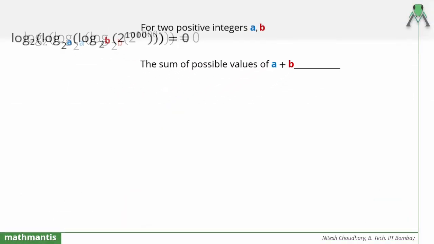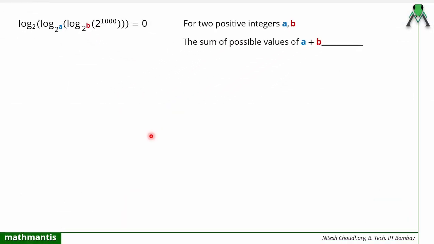This is our question. To solve it, we will first use the basic property of log: if log to the base b of argument a is equal to x, then a can be written as b raised to power x. Here the value is 0, so the outside log can be written as 2 raised to power 0, which is nothing but 1.